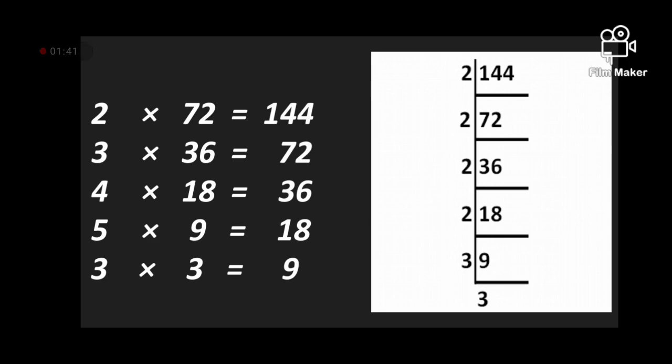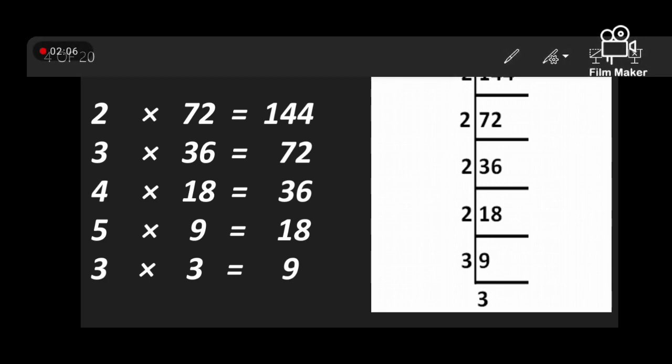But the prime factors of 144 are 2, 2, 2, 2, 3, and 3.